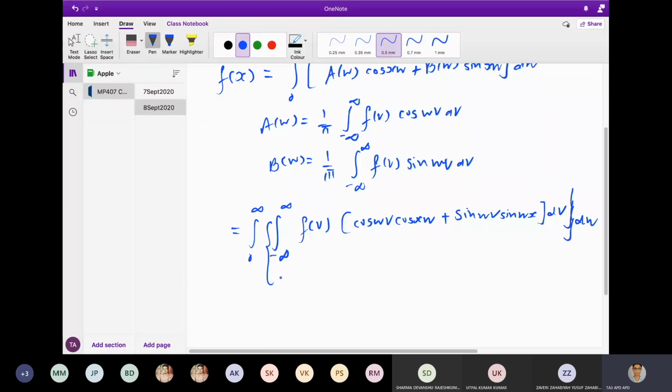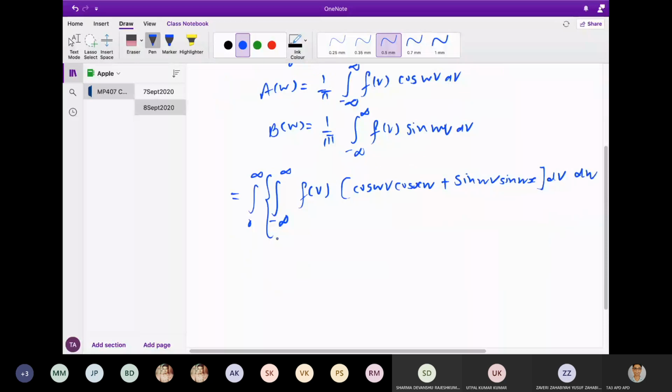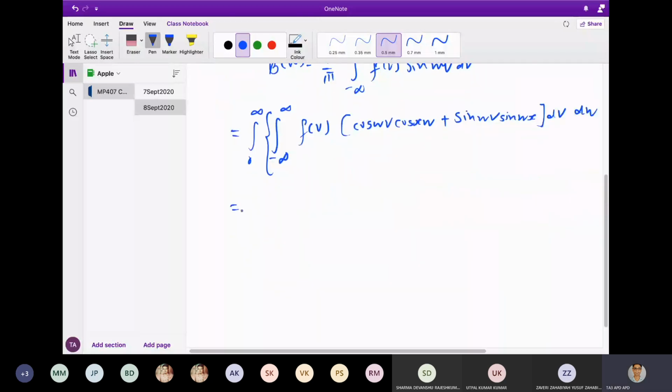So if you simply combine these two, this is simply the formula for cos(alpha minus beta). So this is cos alpha cos beta plus sin alpha sin beta.